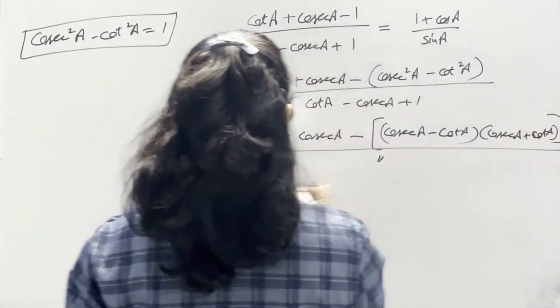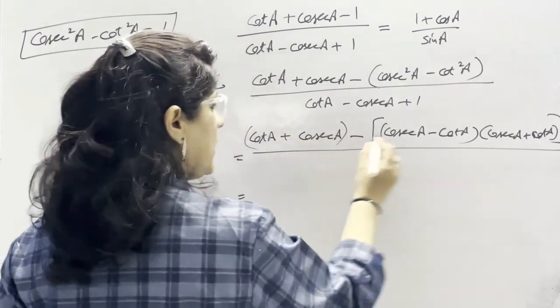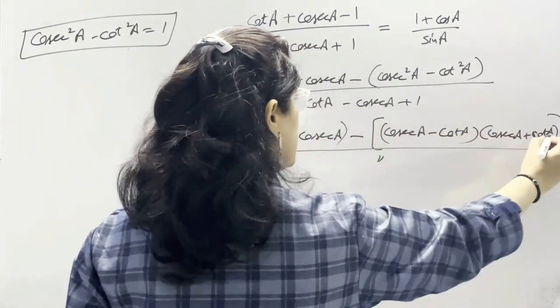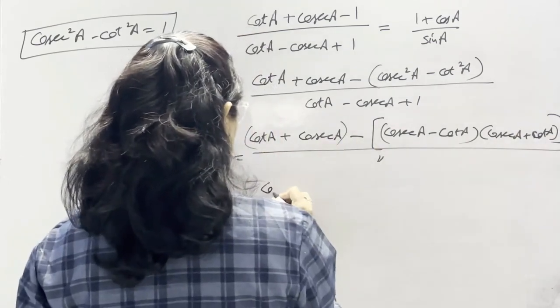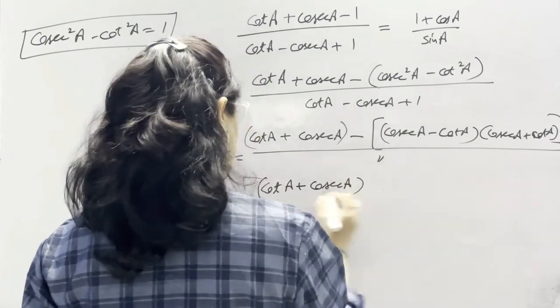Denominator no change. Now cot a plus cosec a is present in both of these terms, so we can take it out common.